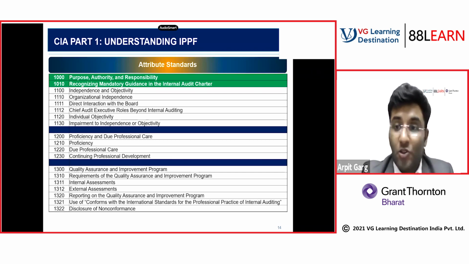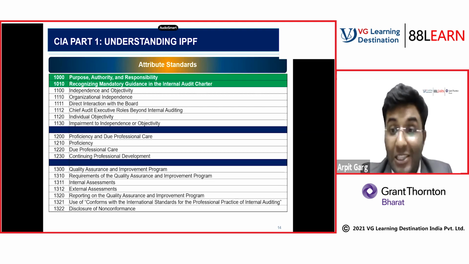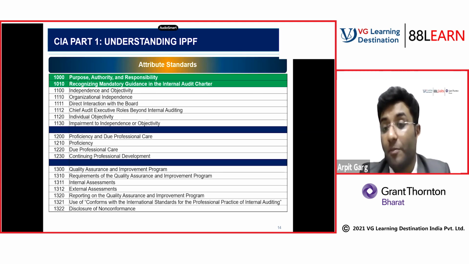To give you a surprise element, folks, these 19 attribute standards will be covered in just the first 2 units, study unit 1 and study unit 2. That contributes about 55% of the CIA Part 1 program. Does it make sense to you?